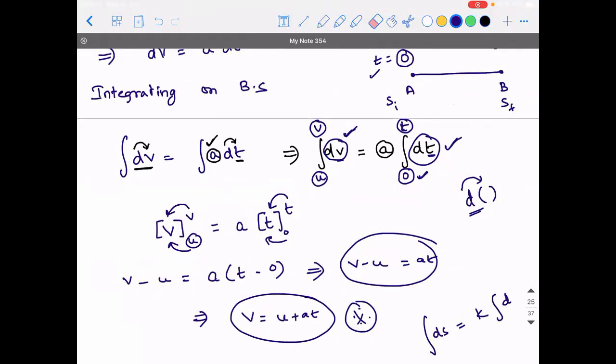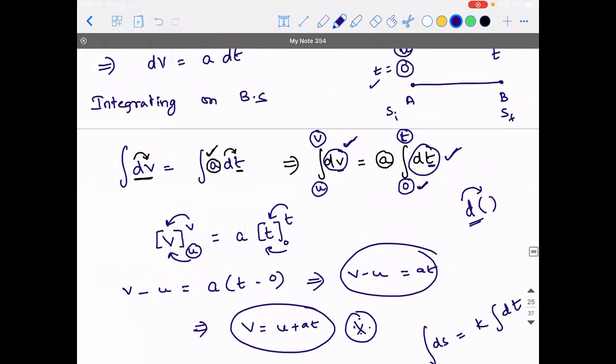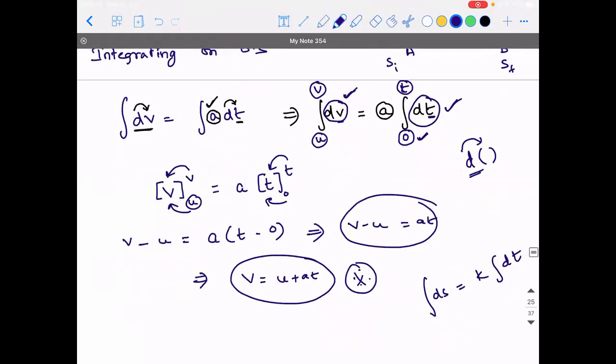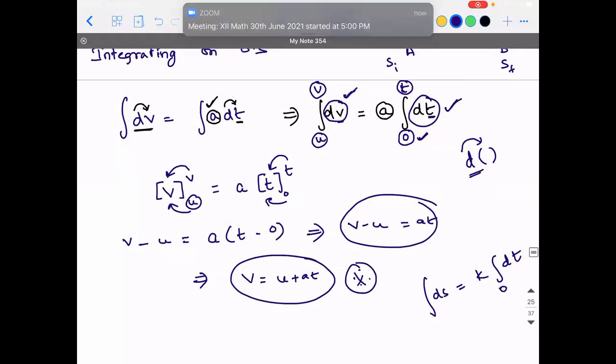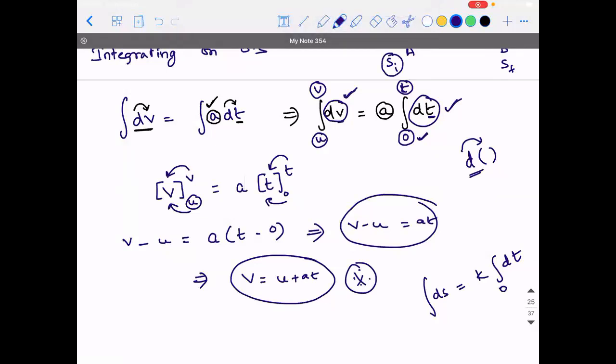You should always first look at the independent variable. The independent variable here is time. So what is the initial value of time with which the object is starting? 0. So at t is equal to 0, what was the corresponding displacement we had?